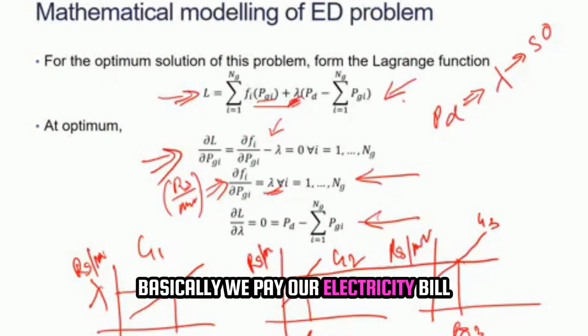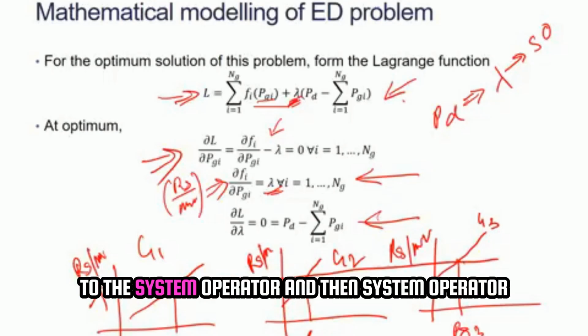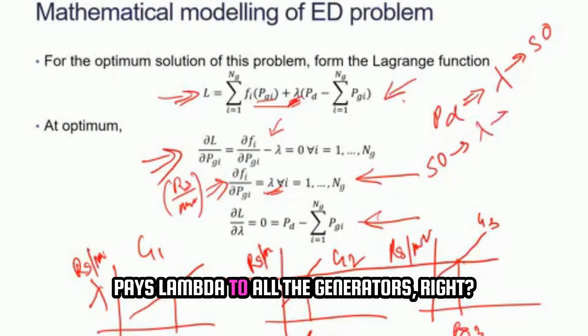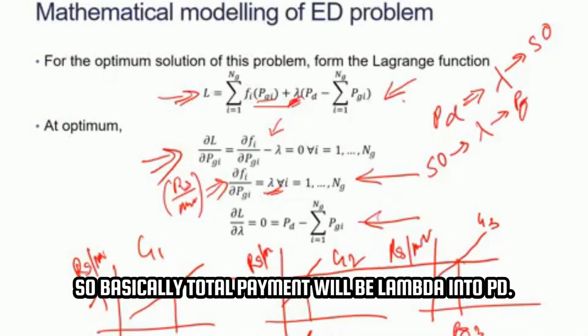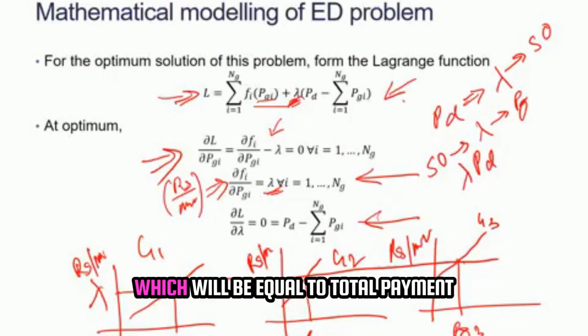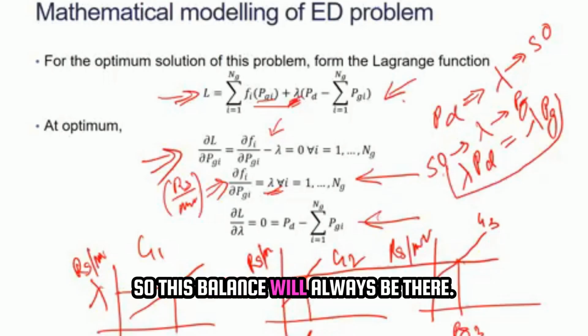Basically we pay our electricity bill to the state electricity board, and the state electricity board eventually pays the bill to the system operator, and then the system operator pays lambda to all the generators. So the total payment will be lambda into PD, which will be equal to the total payment made to the generators. So this balance will always be there.